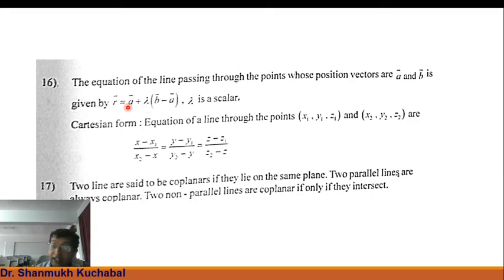One more is there, the Cartesian form, which means it is in terms of algebraic quantities. There I take the point x1, y1, z1 as vector a and x2, y2, z2 as vector b.